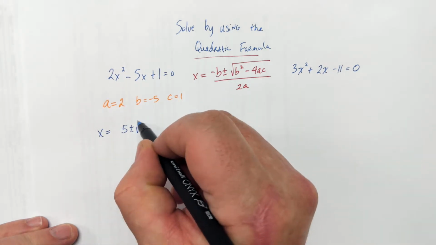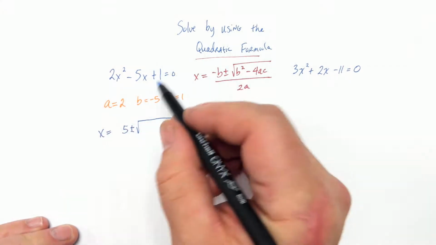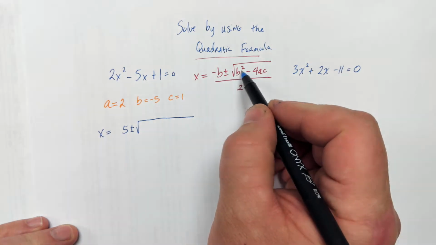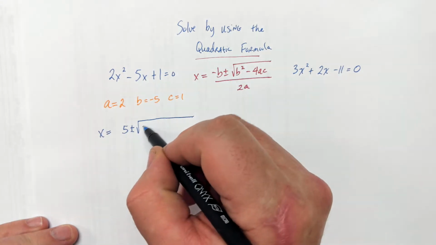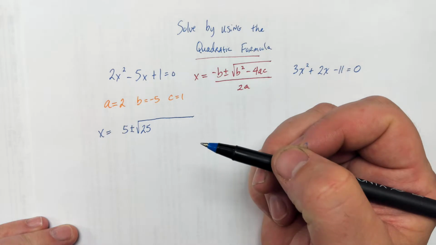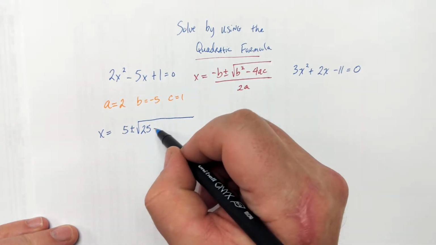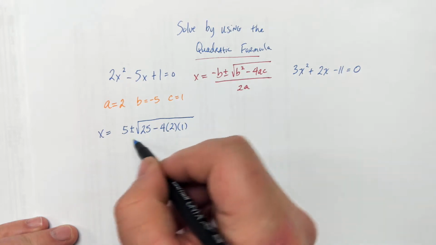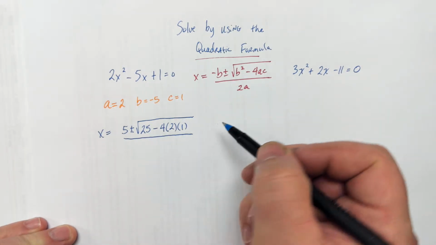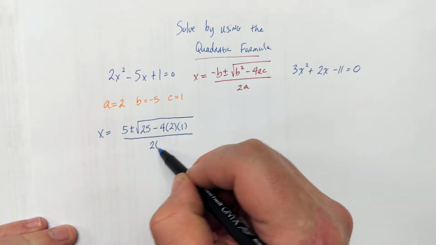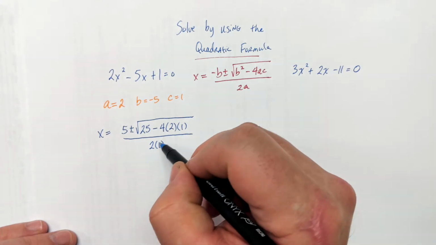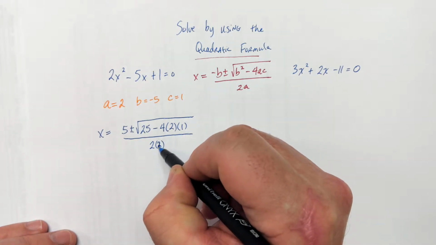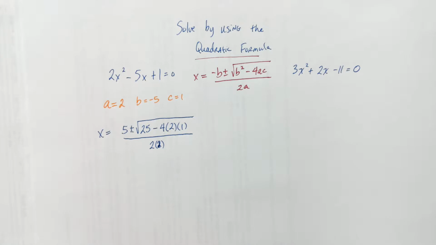Plus or minus the square root of, and I'm going to do this calculation at the same time. -5 squared is 25, right? Minus 4 times A times C. I probably could have done that in my head, but I didn't. So, 2 times 2. Good?